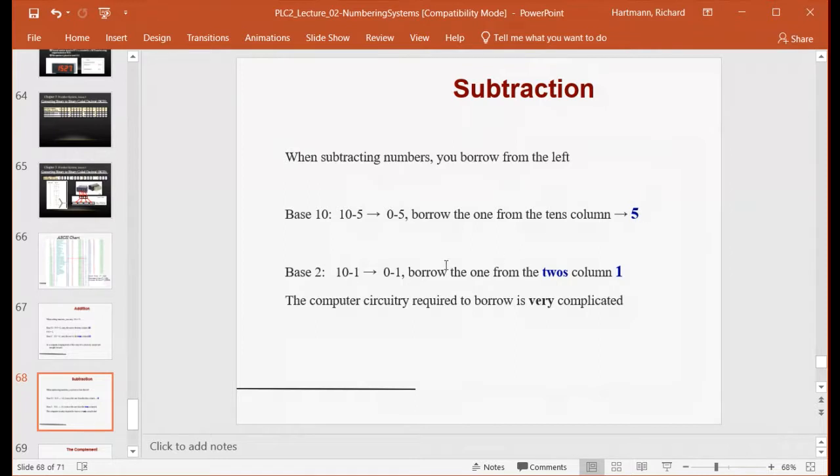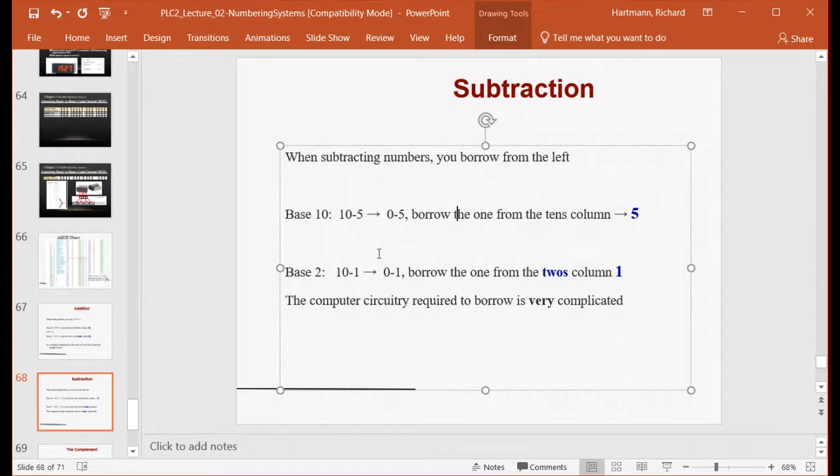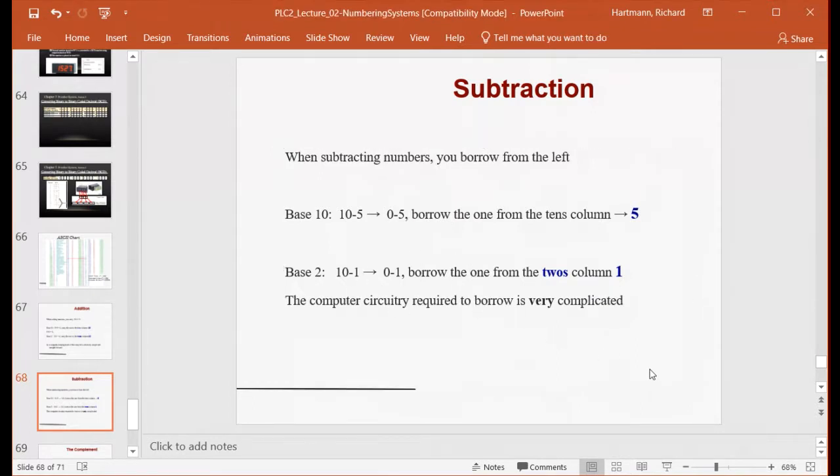So what some clever person discovered was that it's actually easier. Building adder circuits was really easy. They figured out even a 64-bit adder circuit is very simple to keep track of compared to the borrowing circuitry. If you try to borrow, it gets just so complicated.